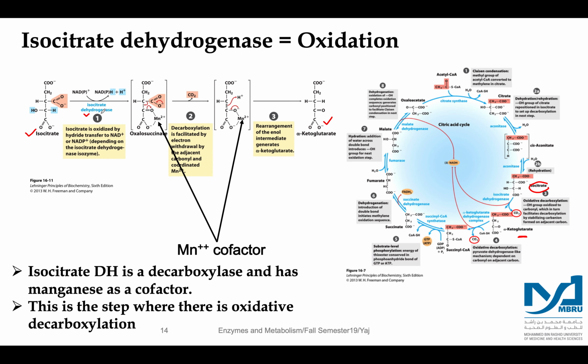Since it is a dehydrogenase enzyme, that is, it's an oxidoreductase, it will lead to the release of protons which are taken up by the proton acceptor NAD, and in the process we get NADH plus H plus.